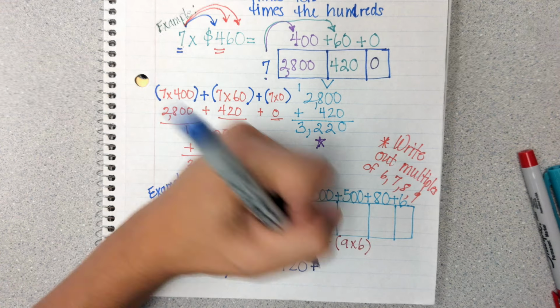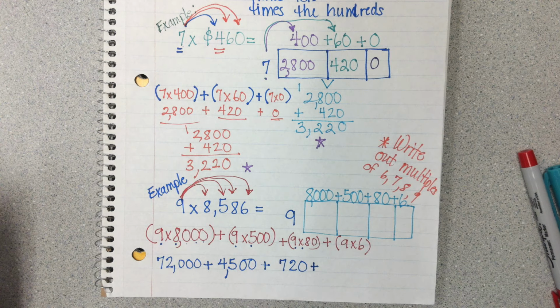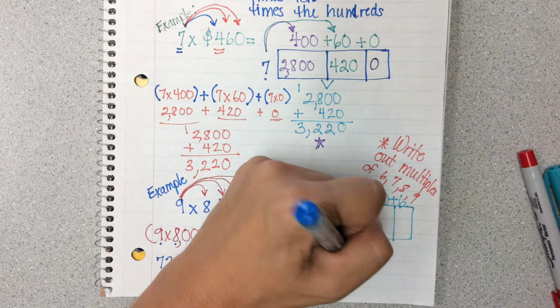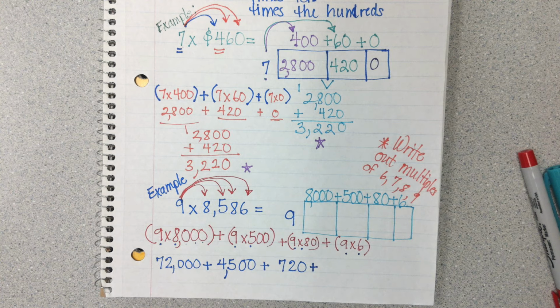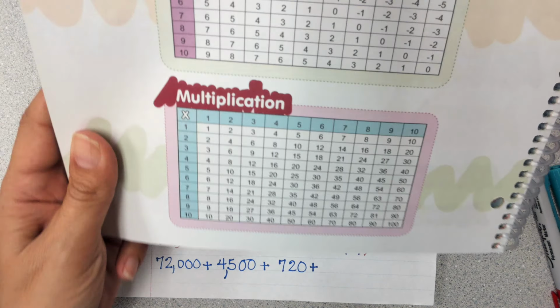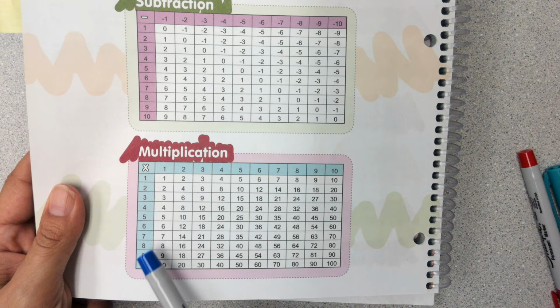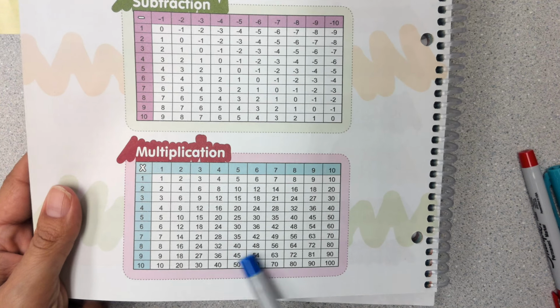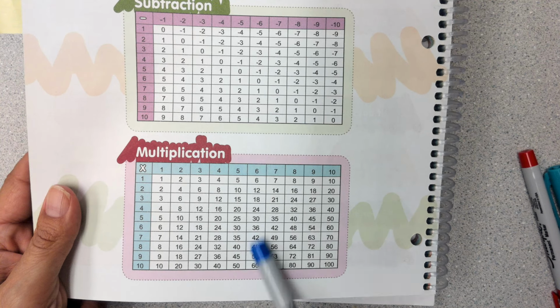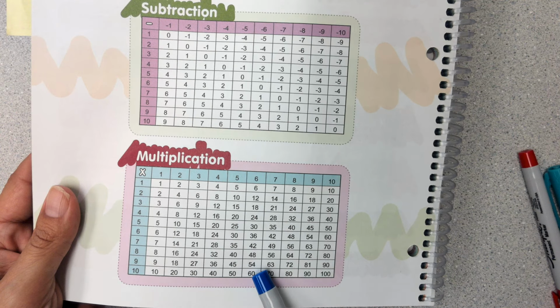Finally, we have 9 times 6. If you just haven't memorized your 6s, just haven't memorized your 9s, then take a look here and you can look at your 9s and go to 6, and there it is, 54.